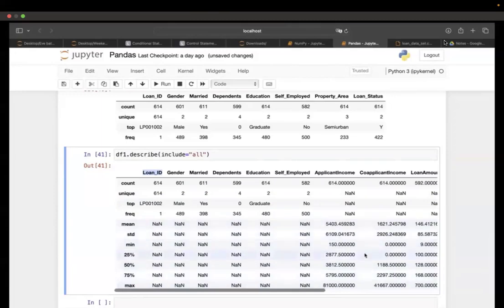So it is getting filled here with those calculations. The rest of the entries are returned as NaN. So that is how you can describe all the columns of the data set.